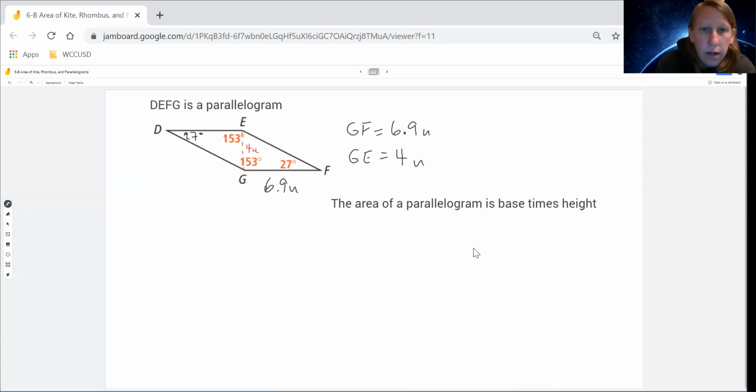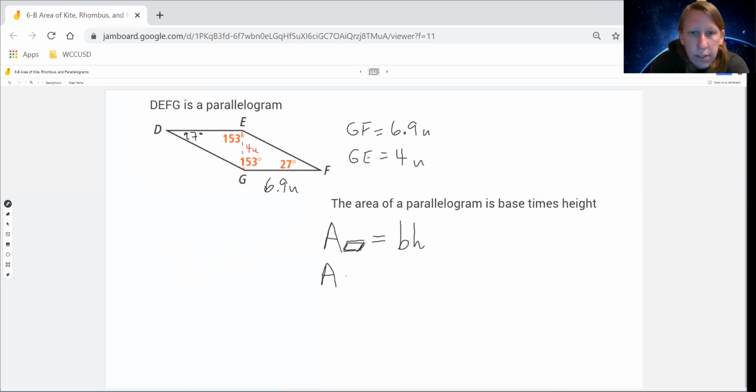I would write the area. I tend to use a little parallelogram symbol. You could write it out. You could come up with your own notation as long as I know that you're talking about a parallelogram. And then it is base times height. So what's the base of this parallelogram? And height, we're always looking for that right angle. If I want height, I'm looking for a perpendicular height.